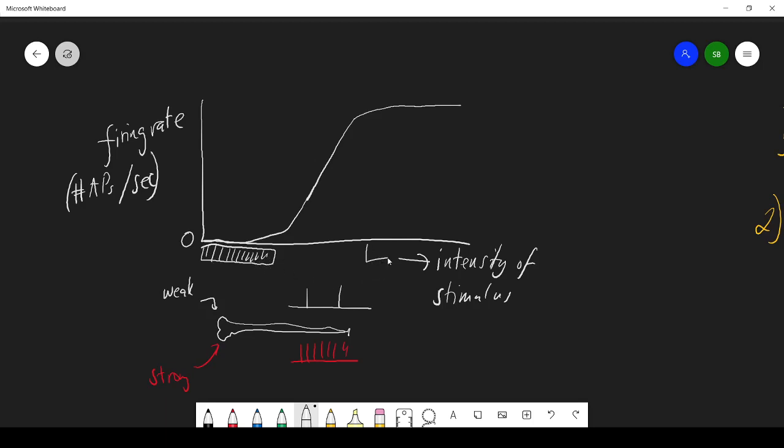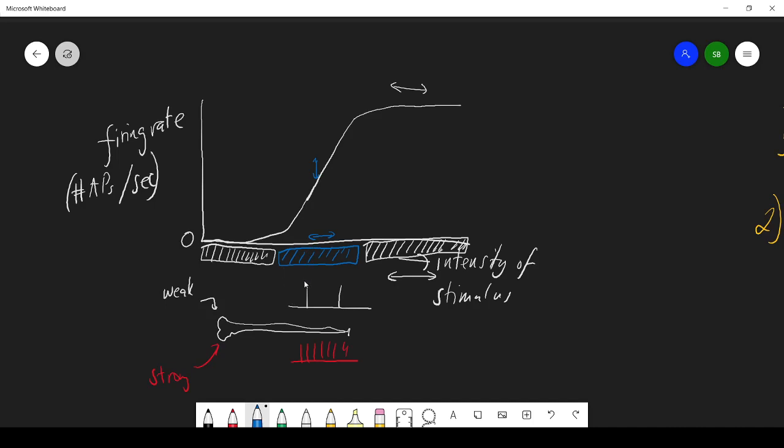There's an area here where, again, we're not really saying very much, because no matter how much I change the intensity of the stimulus, the frequency doesn't change because I've maxed out. And there's this crucial area in between where I'm actually saying something useful, where as I vary the stimulus, the firing rate changes as well. So this is, if you like, our useful coding area.